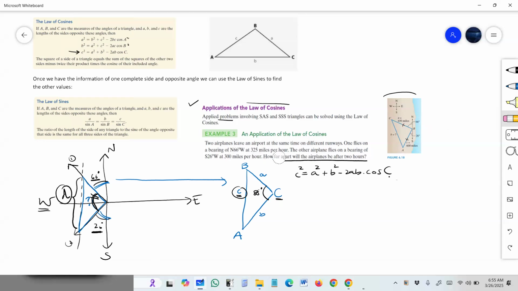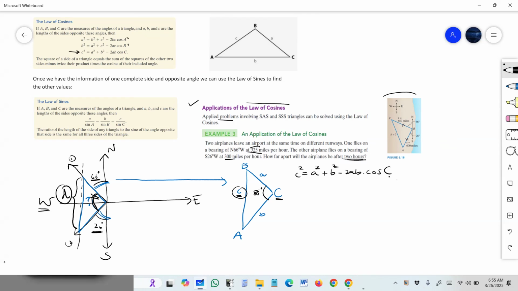The problem says that one plane flies 325 miles per hour, the other 300, and they want to know how far apart the planes are after 2 hours.